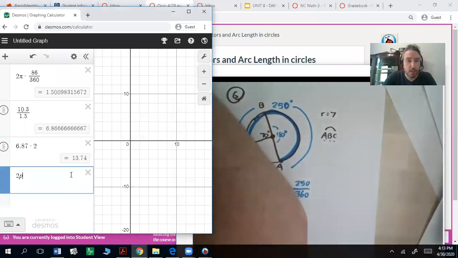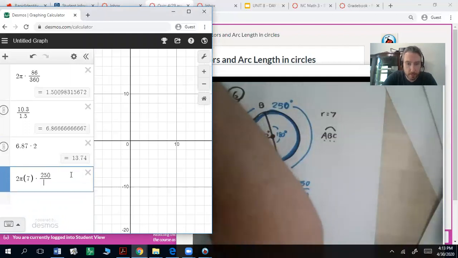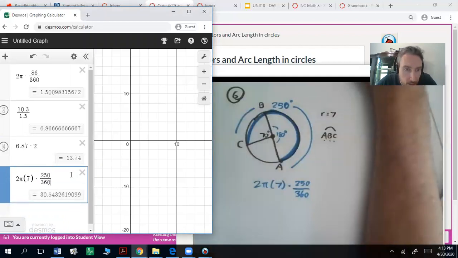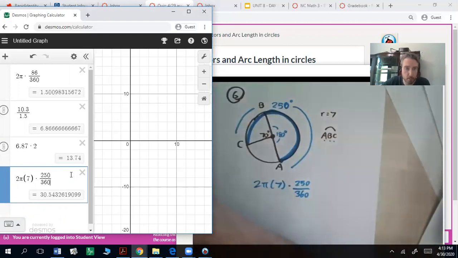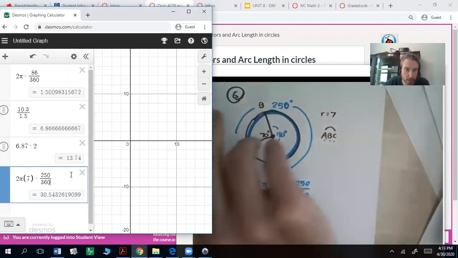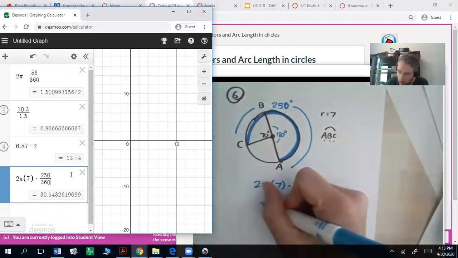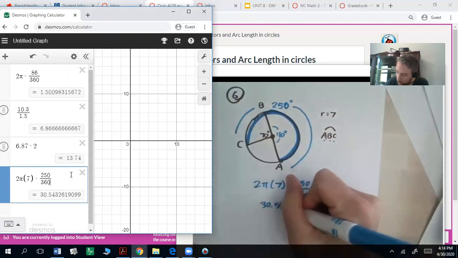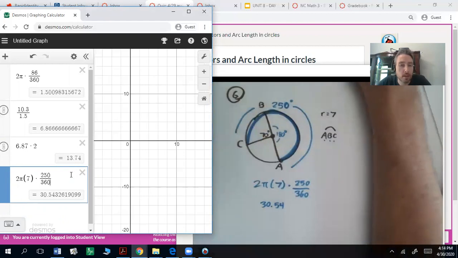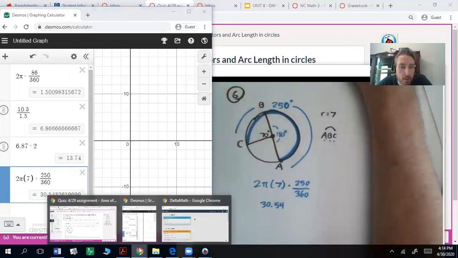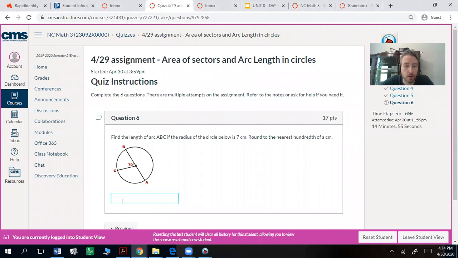All right, 2 pi parentheses 7 times 250 divided by 360. 30.54321. 30.54. All right, 30.54, round to the nearest hundredth.